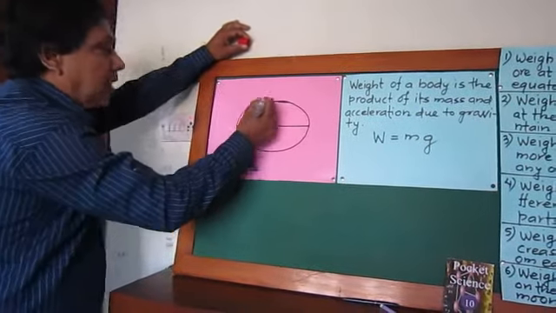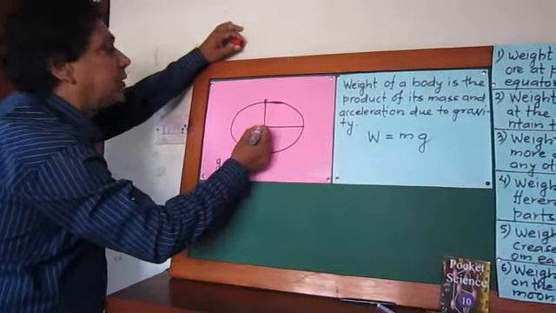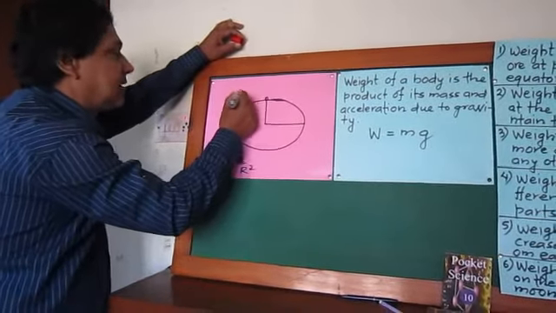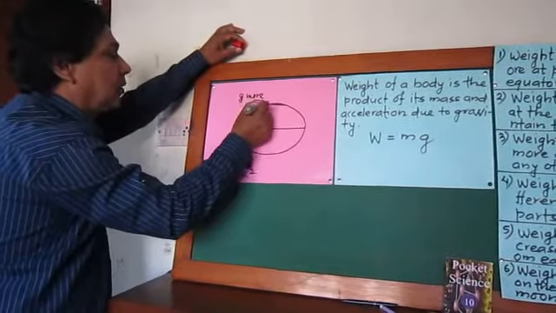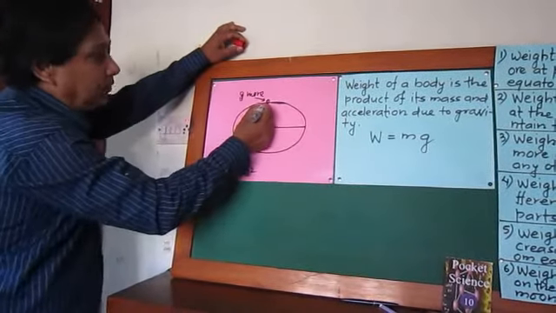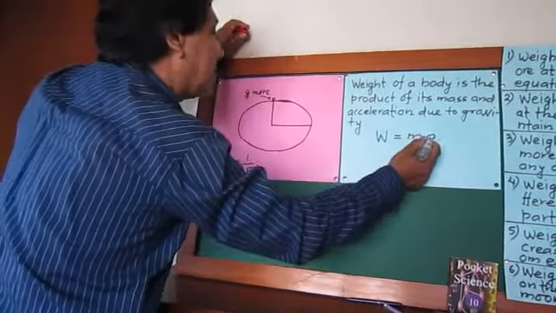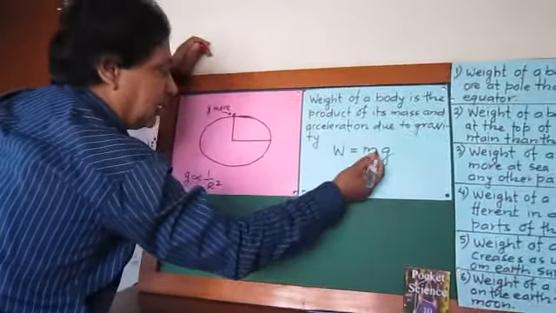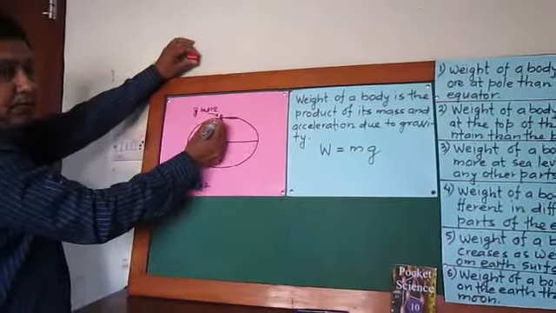So at the pole, the radius of the earth is less. That's why g is more. And weight of a body is the product of mass and g. Mass remains the same, g is more. That's why the product of mass and g will be more at the pole.